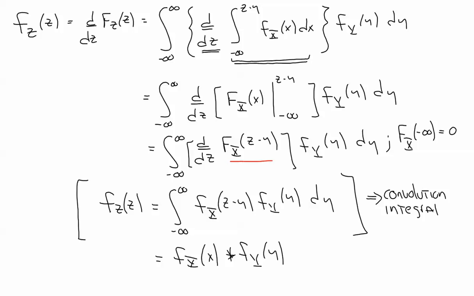MATLAB has a really nice function, conv.m, convolution. So if you give MATLAB a vector in x and a vector in y and plug it into the conv function, it very happily does convolutions for you.